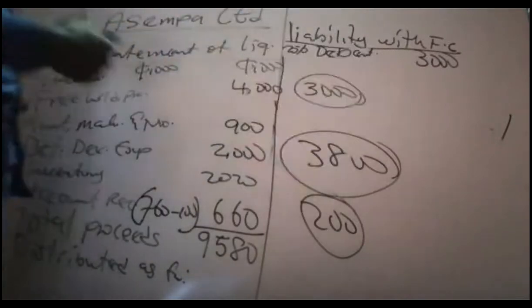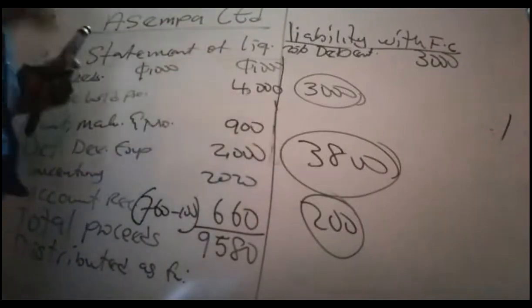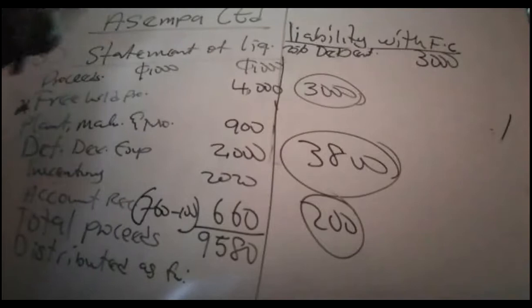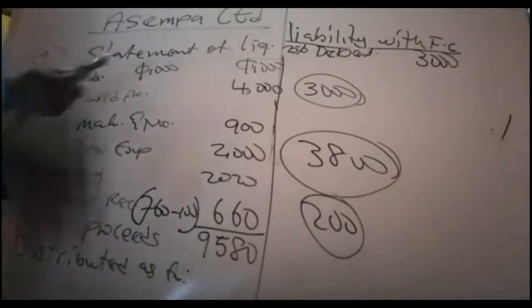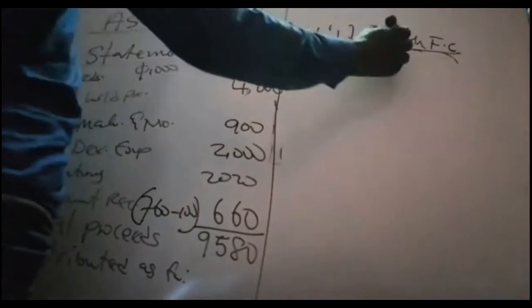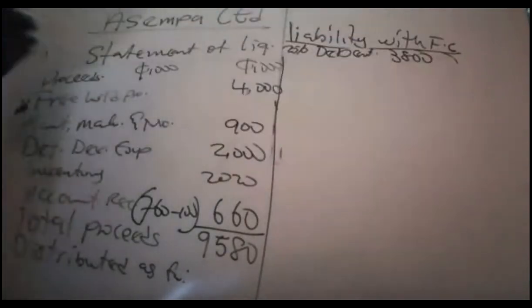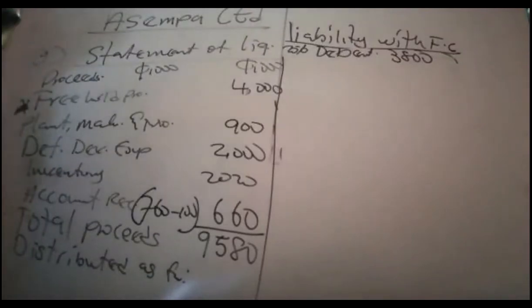But here it's not like that. They had more than the liability, so they can pay the liability without any harm. So 3,800 like this, and that is it.